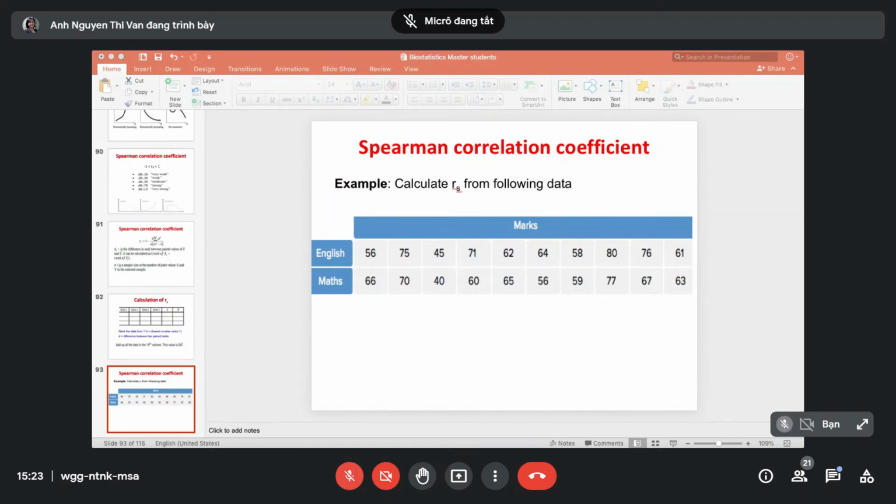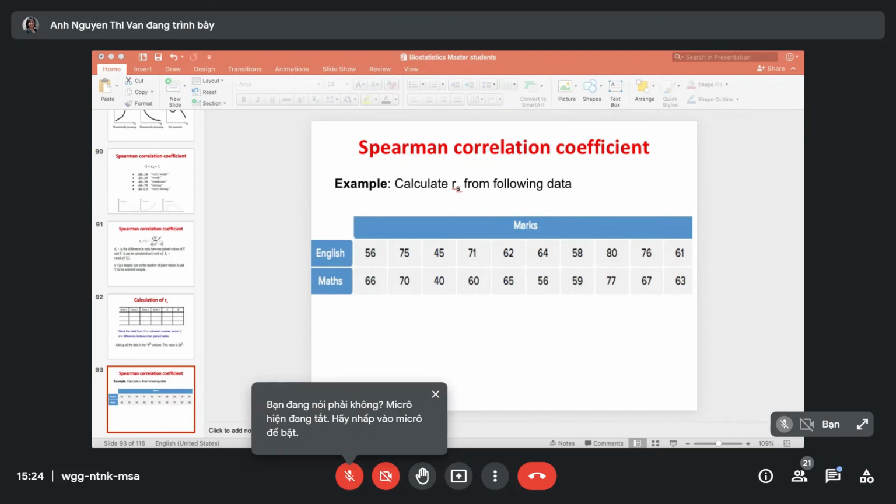Lê Trần Tuyết Mai. Yes, I'm here. Okay, so do you think that we need to check the normality of the data? I think that we don't need to check the normal distribution because, first, the Spearman is a non-parametric test, so we don't have any assumption for this.